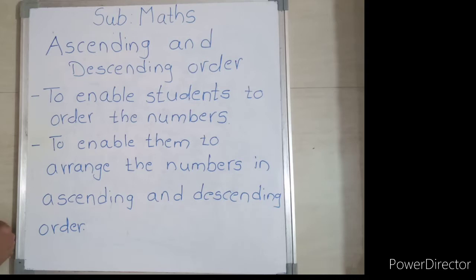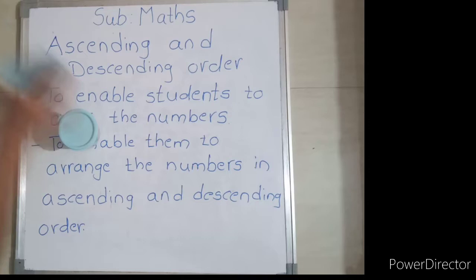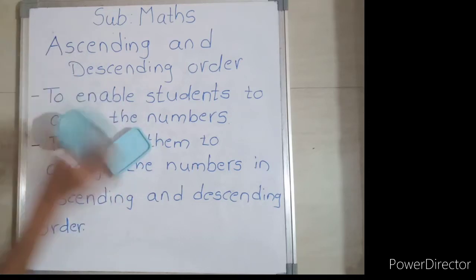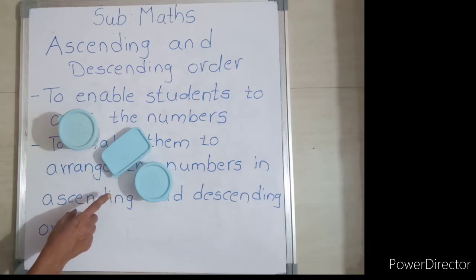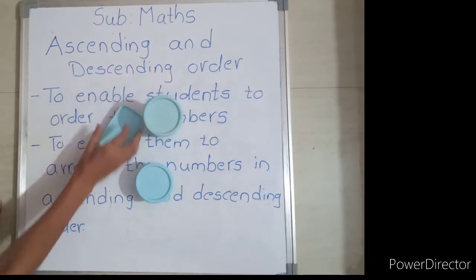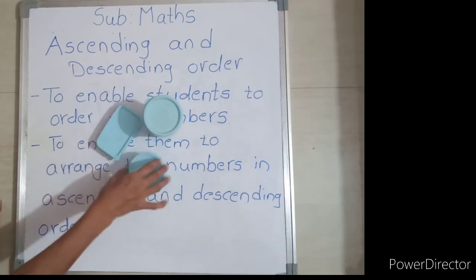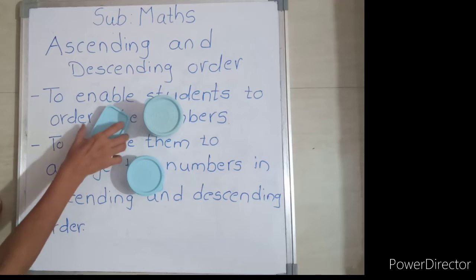Now first, here I would like to show you one activity. Here some boxes are with me. Now I am going to arrange these as per their height from smaller to bigger. So if we see, which one is small? This one.